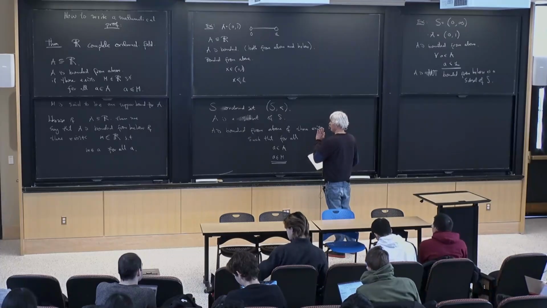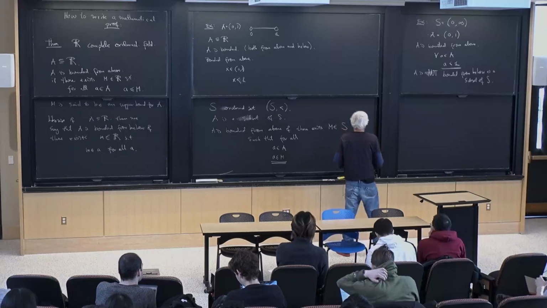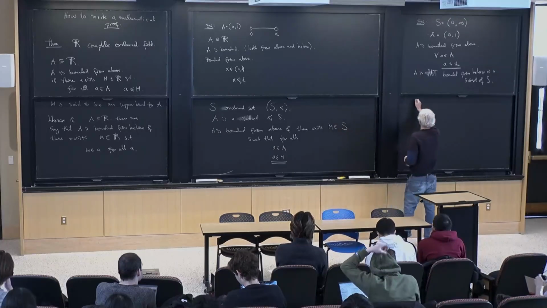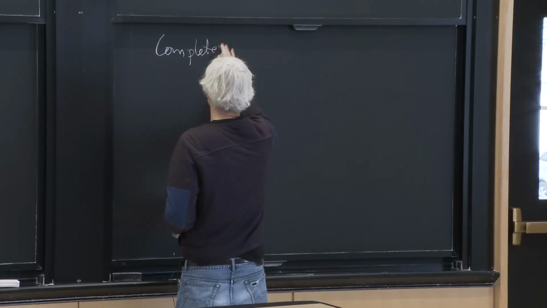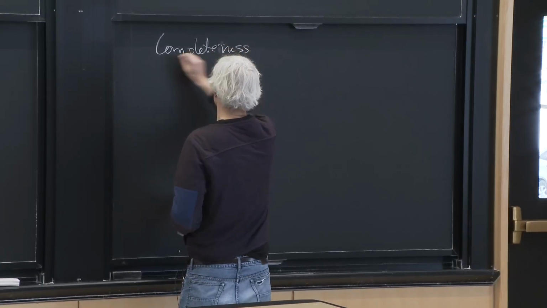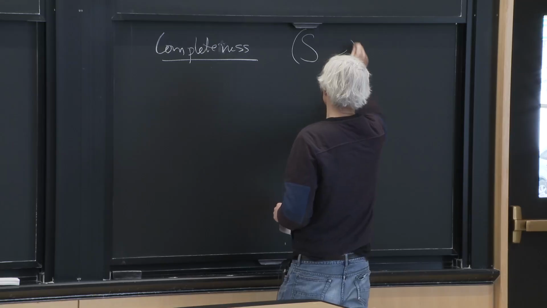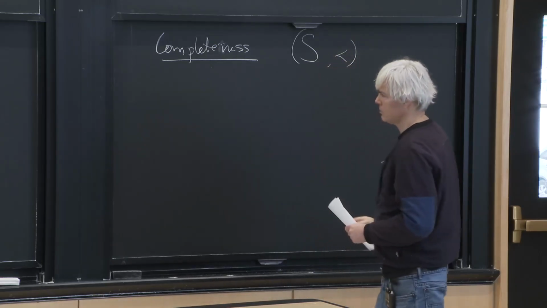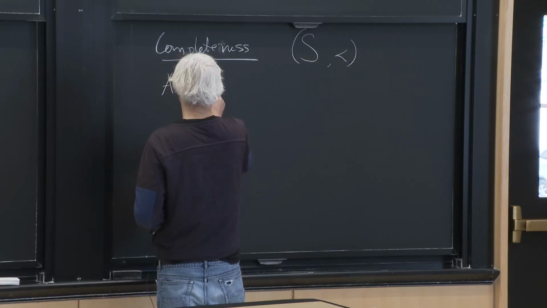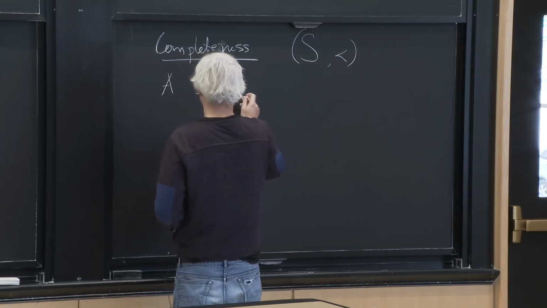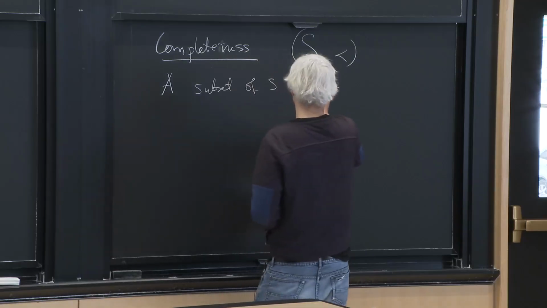Right, and so for whether it's just an ordered set, in general, remember completeness. This is when you have an ordered set S, and A is a subset of S that is bounded from above.